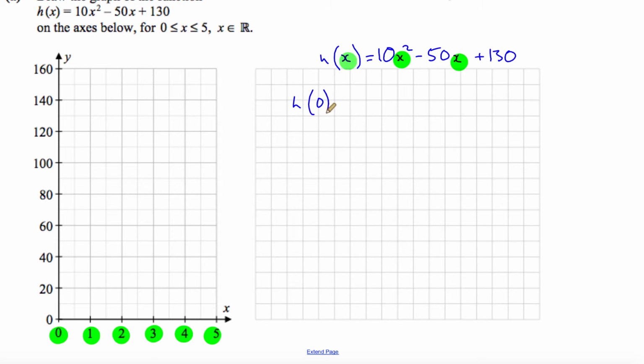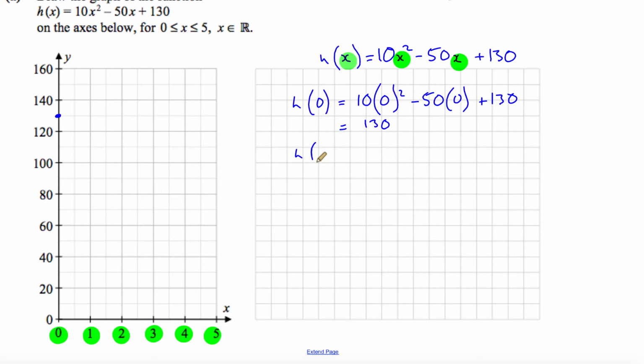H of 0 is 10 by 0 squared minus 50 by 0 plus 130. So I've just replaced the x with 0 everywhere. And that gives me a value of 130. You can do this in your calculator if you want. So the first point is 0, 130, which is here.